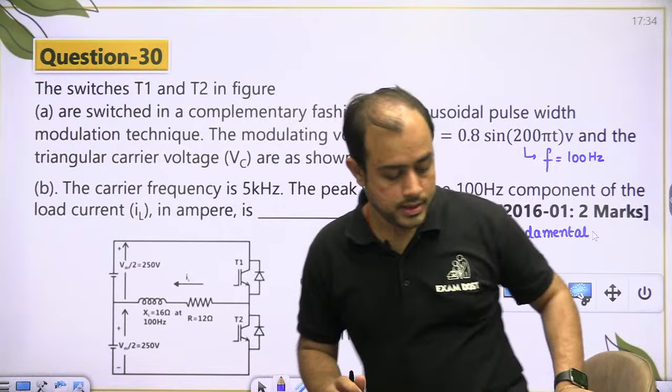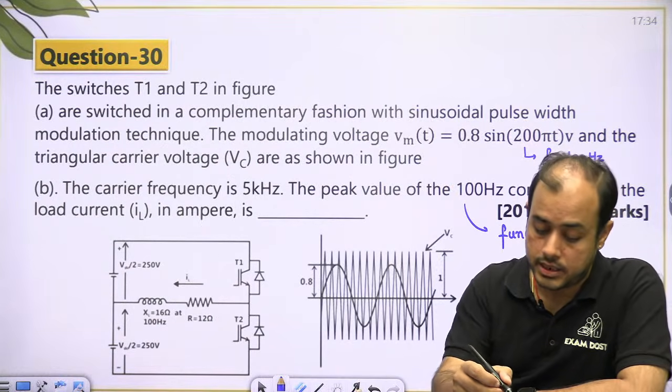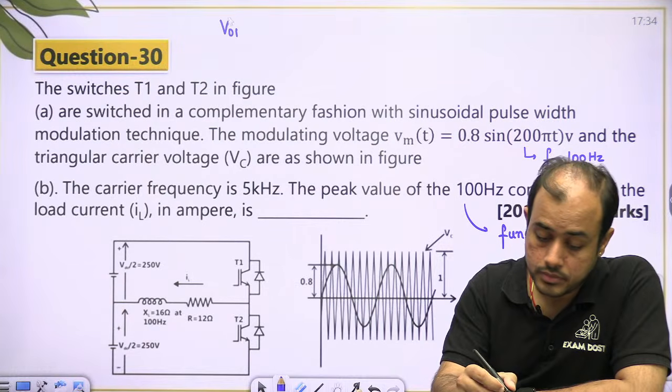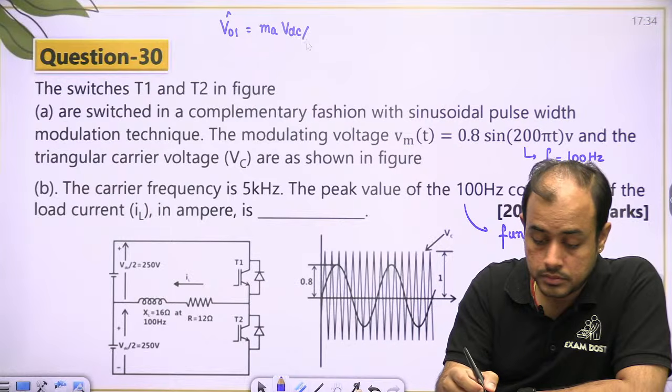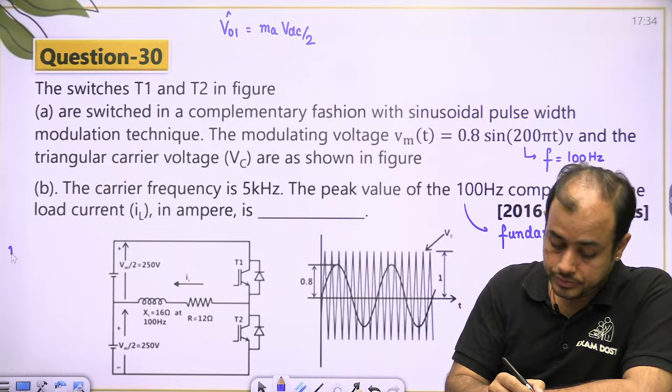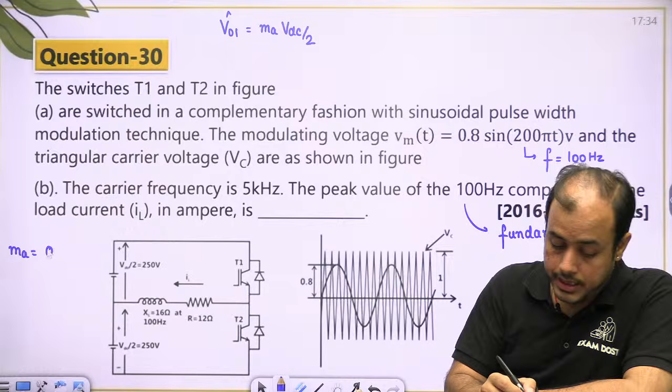Look, so this is a half bridge inverter. Peak of the reference, peak of the carrier.